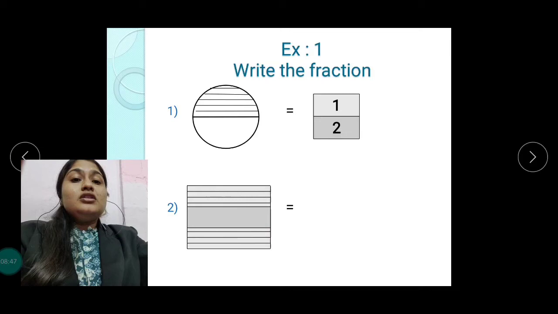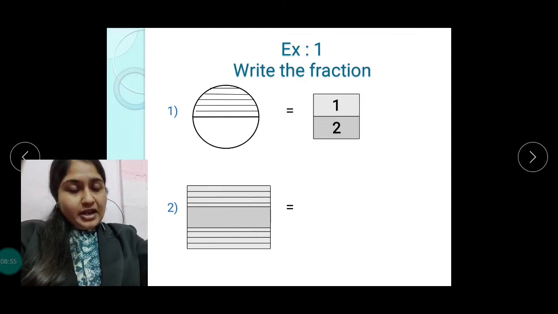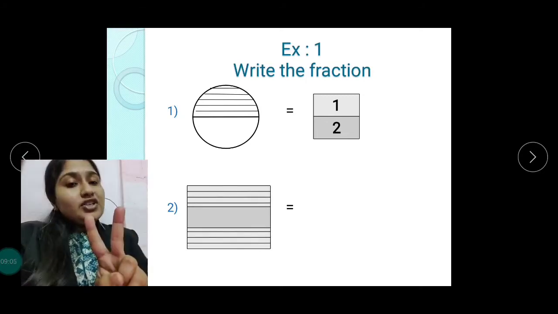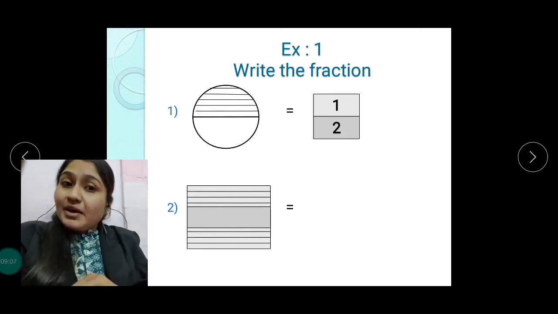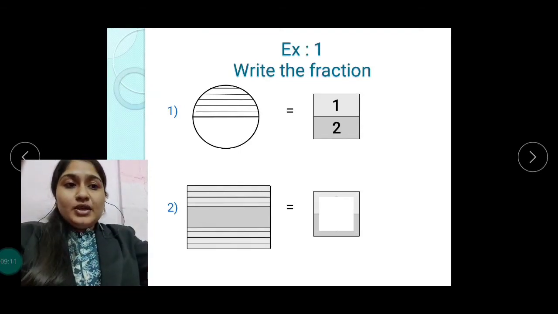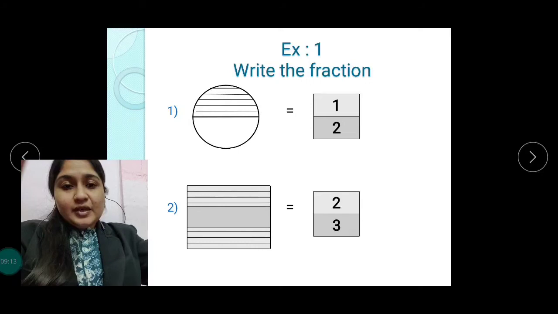So students, the shaded part number will come up, and the total, the total parts the shape is divided into, we will write below. So what will be the answer, students? 2 parts are shaded and total 3 parts are there, right? 2 parts are shaded and total how many parts are there? 3 are there. Yes, so our answer will be 2/3.